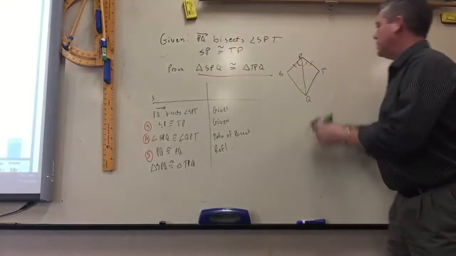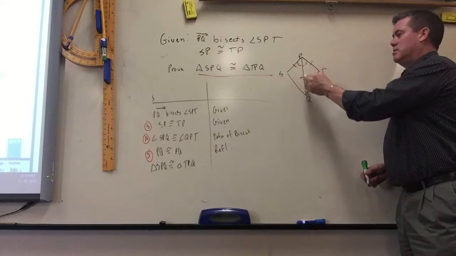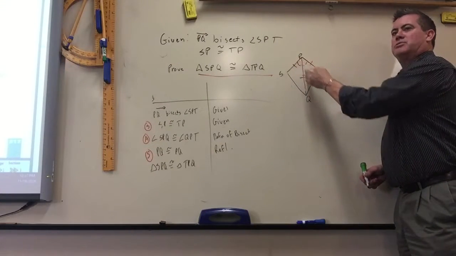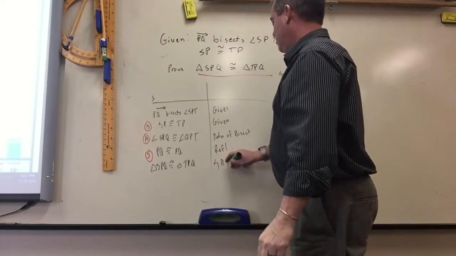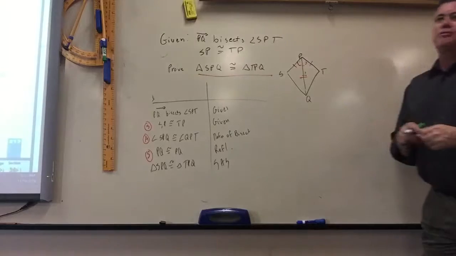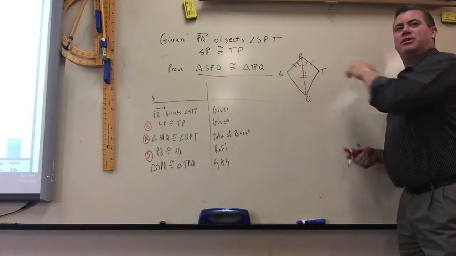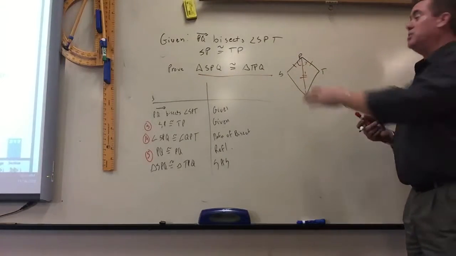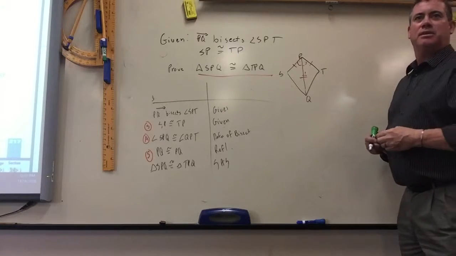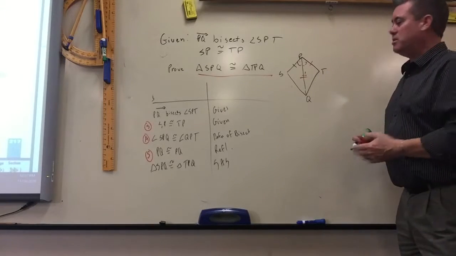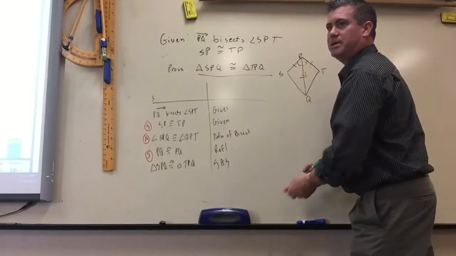And that reason is side, angle, side. SAS. So if they ever have something's bisected in there, you know they're going to be equal, whether it's an angle that's bisected or a side that's bisected. You would put that they're equal to each other, and you just say that's definition of bisect.